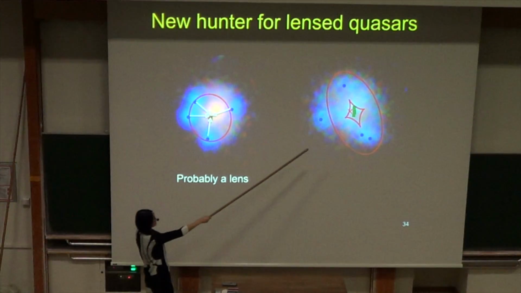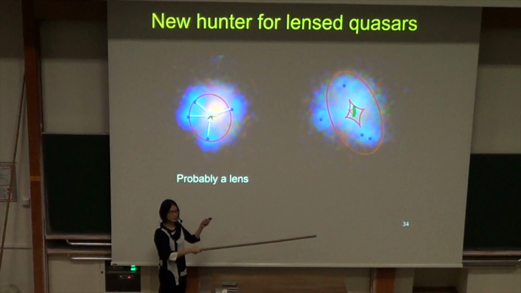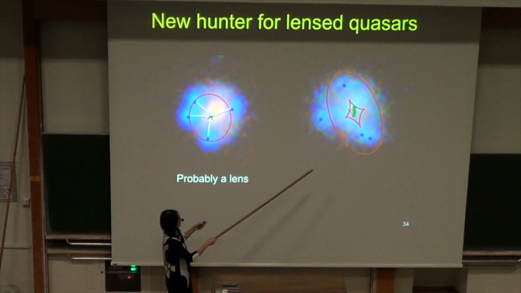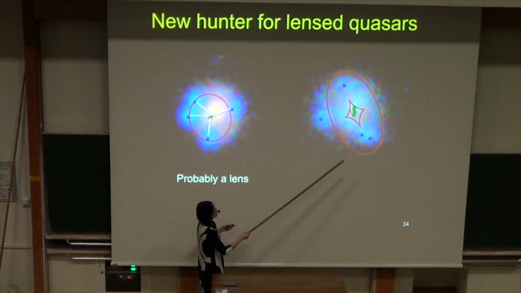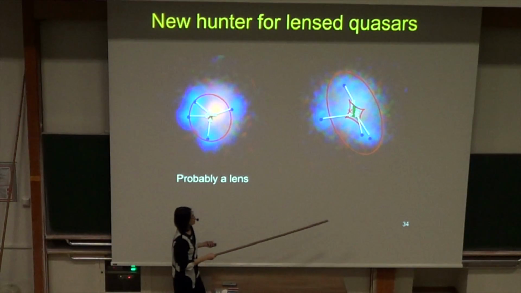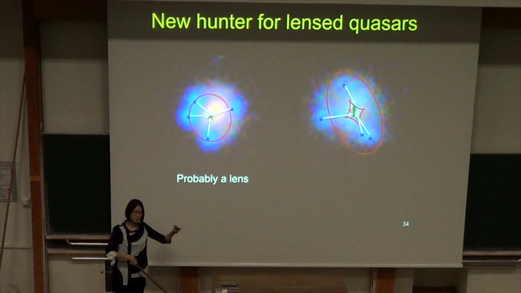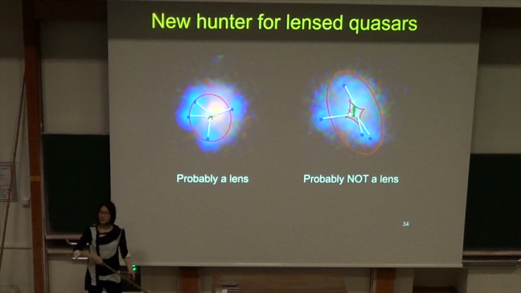On the right here is another object where we do the same thing. We use color information to separate out blue features from orangey features, and then we fit for the positions of the blue features, but there's no model that allows us to map these four positions back to the same position on the source plane. So in that case, this is probably not a lens.